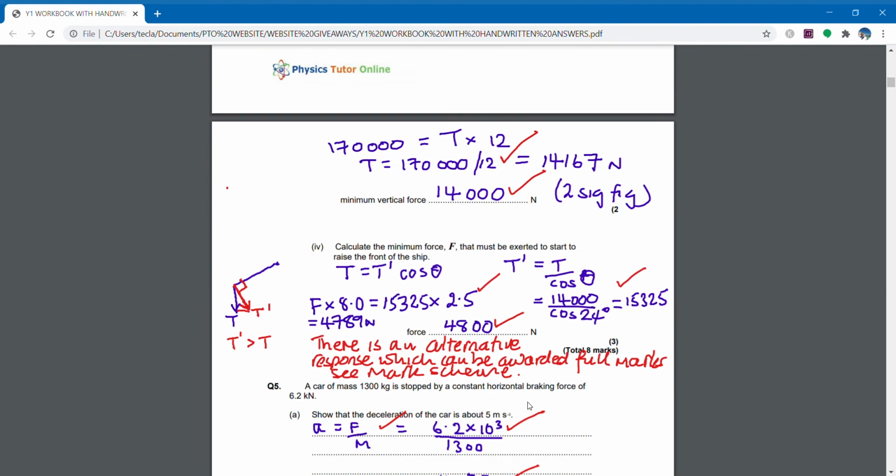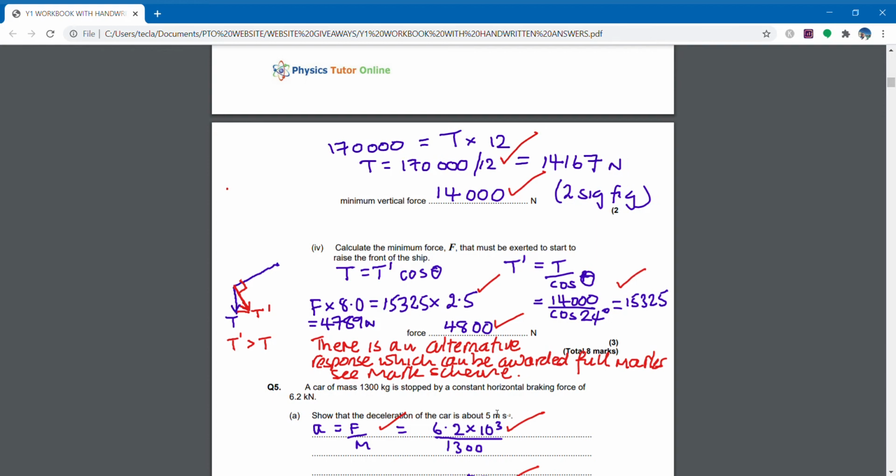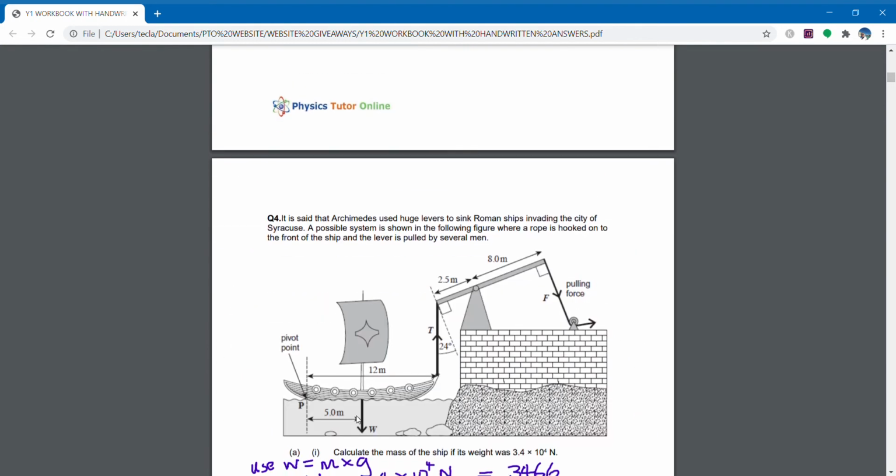Part 4, calculate the minimum force F that must be exerted to start to raise the front of the ship. So looking at the diagram, the tension force here is not perpendicular to the pivot, which is here. The axis of the pivot is going to be there. The tension of the force is going to be down there.